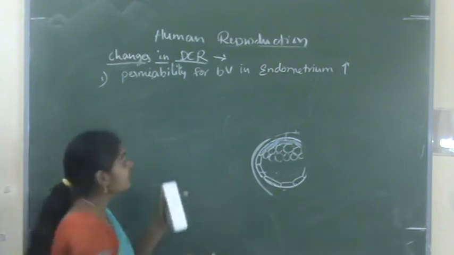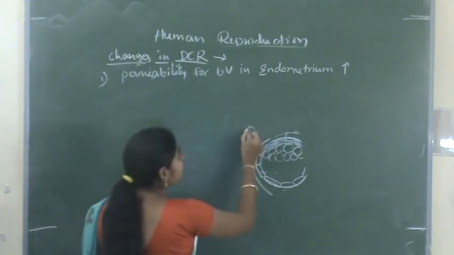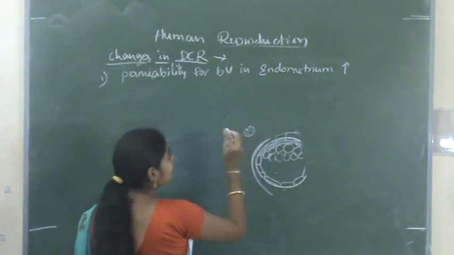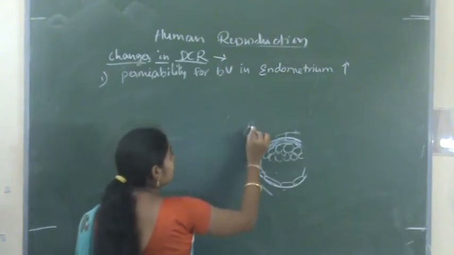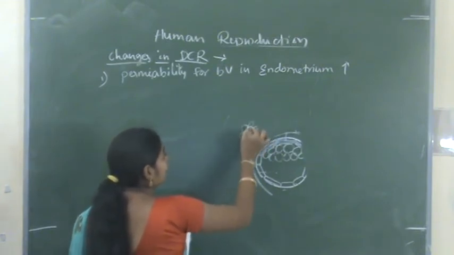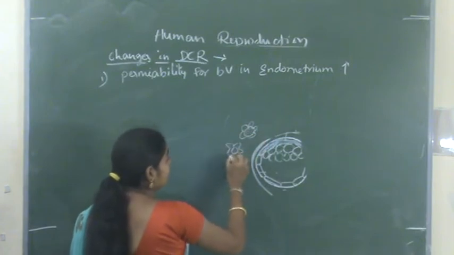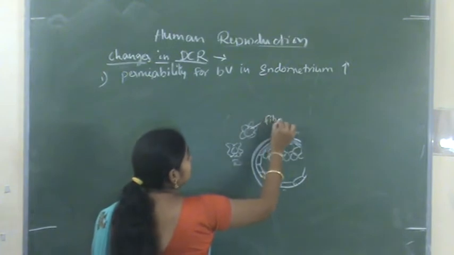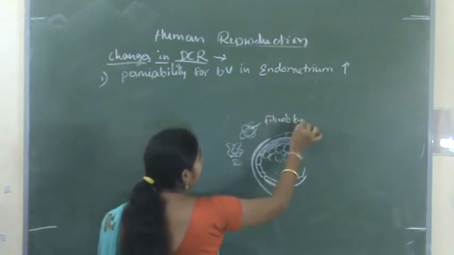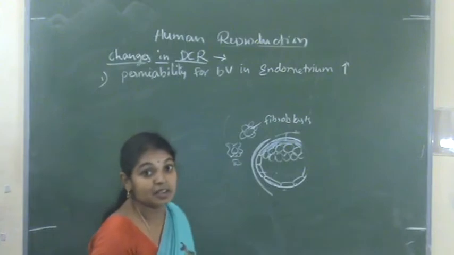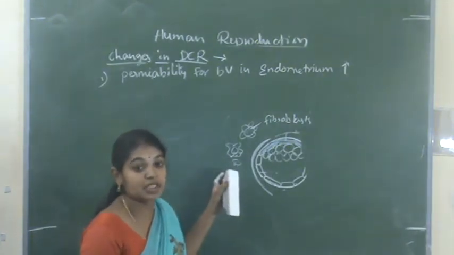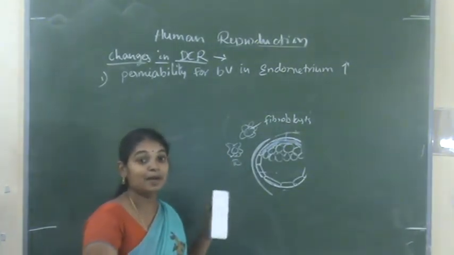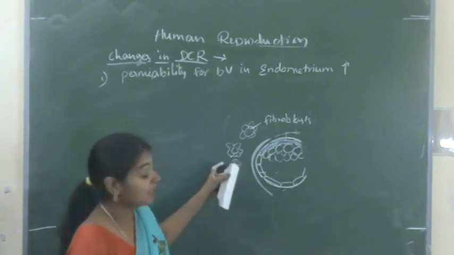And the next one is these fibroblasts, which are already present in this fluid, the mother's blood, and these fibroblasts are completely filled with glycogen.